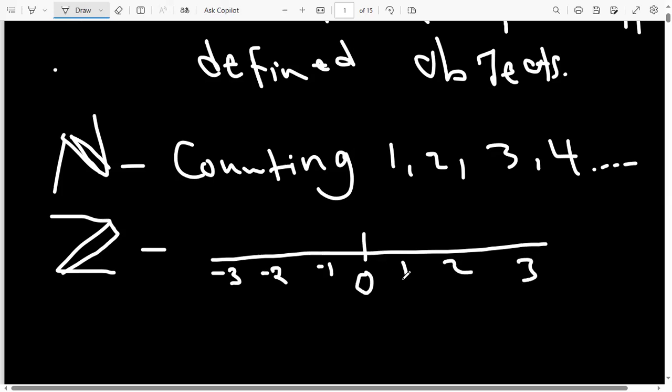Those are what we call integers. This is also an example of a set, a set of integers. Then this is a set of natural numbers. These are some of the examples of the numbers that you're going to be dealing with, so it's very important to know them. In the other video, I mentioned all the numbers and I defined them.